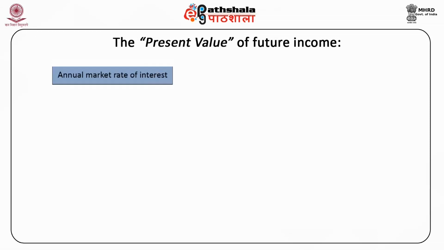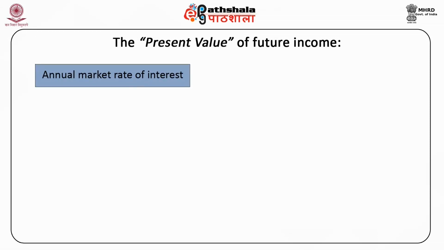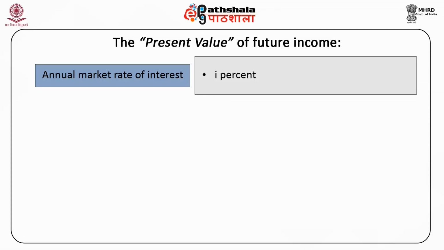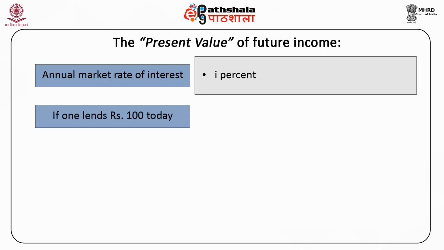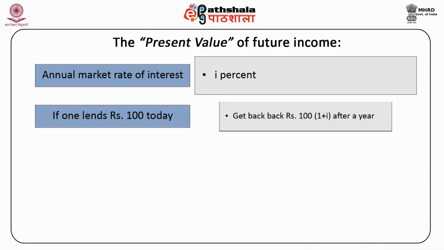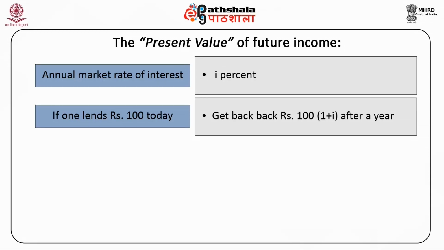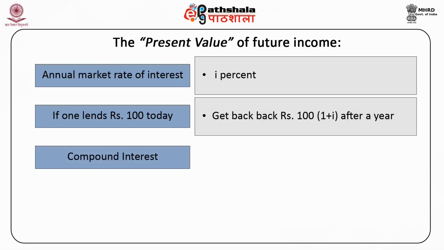Suppose the annual market rate of interest is I%. This means if one lends rupees 100 today, he would get back rupees 100 multiplied by (1 plus I) after a year. Using the formula for compound interest, you can check.